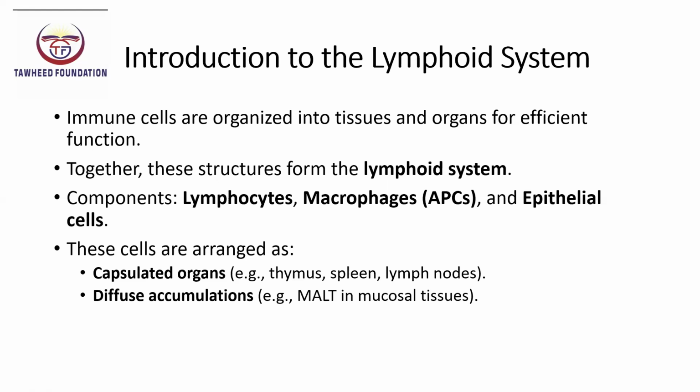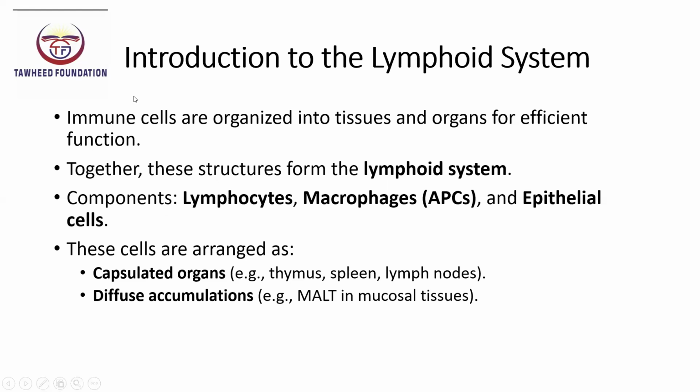Depending on their arrangement, these immune cells form either capsulated lymphoid organs like thymus, spleen, and lymph nodes, or diffuse accumulations such as the mucosa associated lymphoid tissue, that is MALT, present in the lining of the gut, respiratory, and genitourinary tracts. This organization ensures that the body can detect and respond rapidly to pathogens entering through different routes.